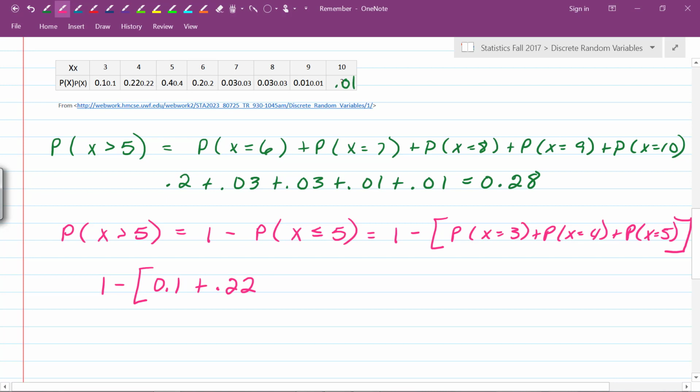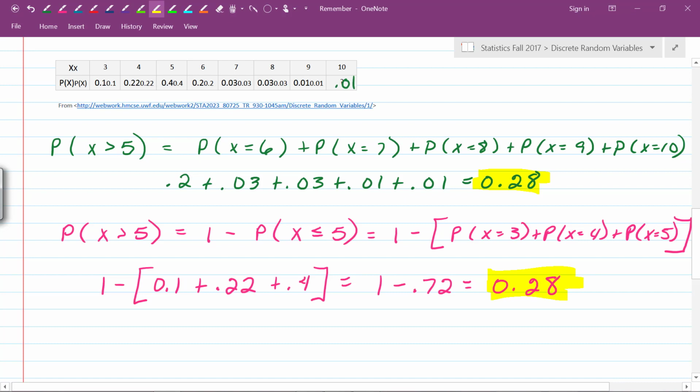And the probability that x equals 5 is 0.4. So that is going to be equal to 1 minus, we take 0.1 and add to that 0.22 plus 0.4, and that is 0.72. And if you hit in your handy dandy calculator 1 minus 0.72, you will see indeed that is 0.28. So we have ended up with the exact same answer going both ways.